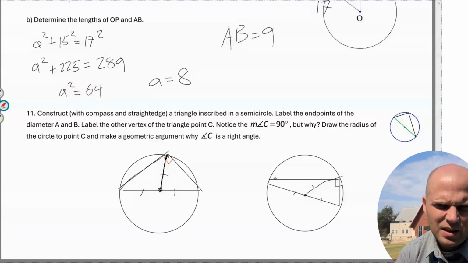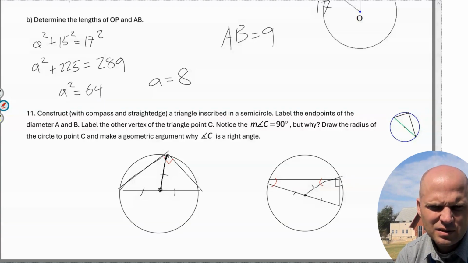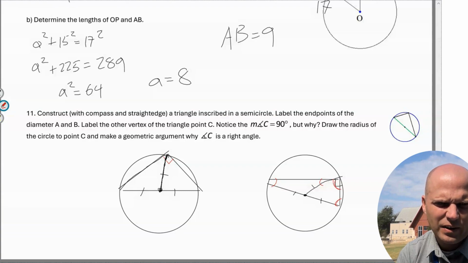Which means this angle is equal to that angle. This angle here has to equal that angle there. We can call this angle 1.